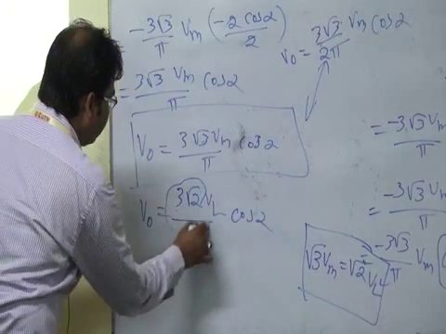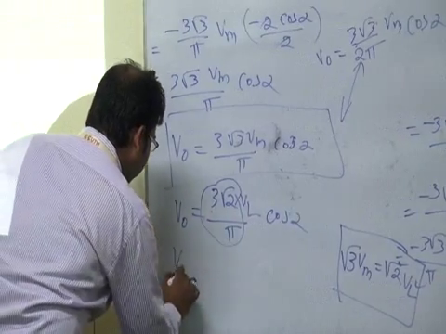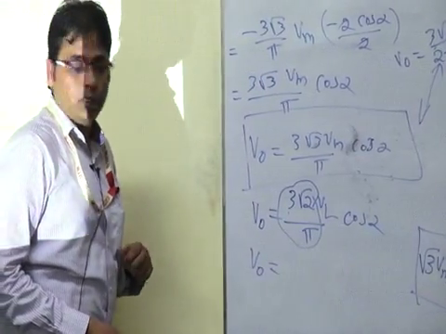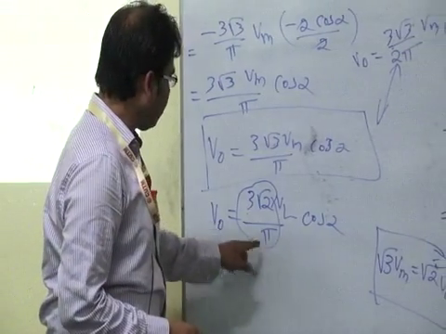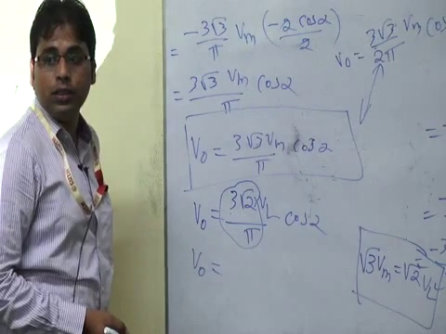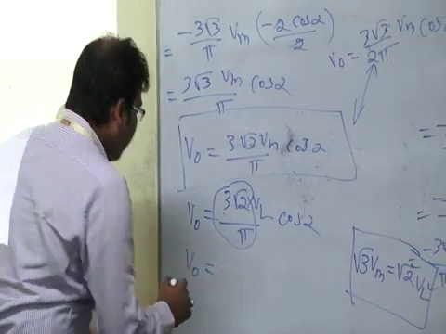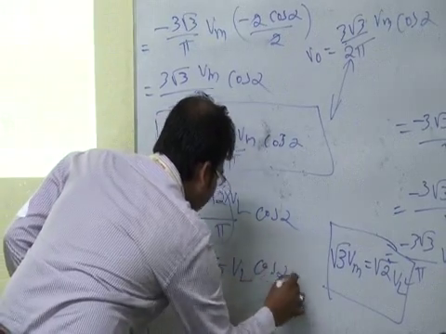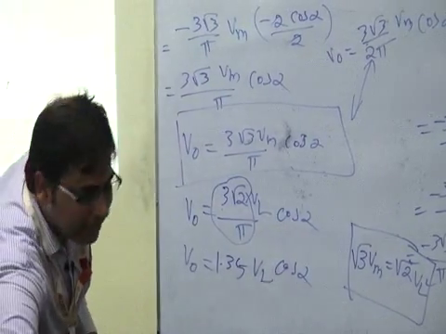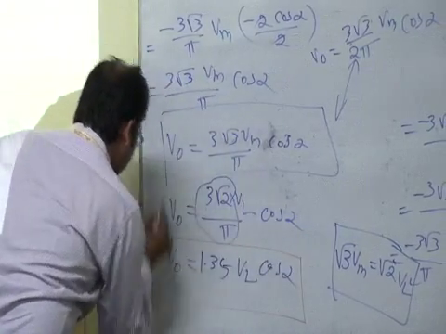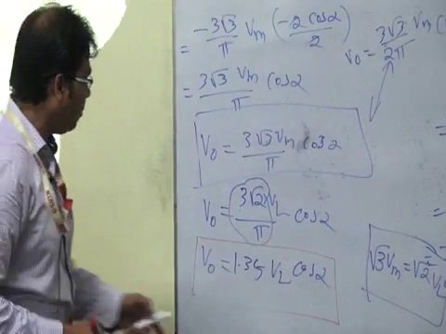Just simplify this term and let me know how much it is. 3 root 2 by pi, how much is it? 1.35 VL cos alpha.